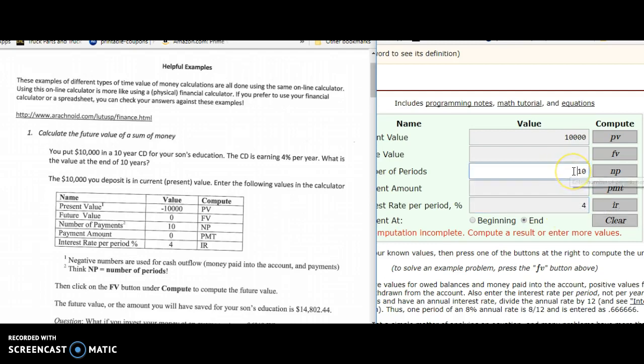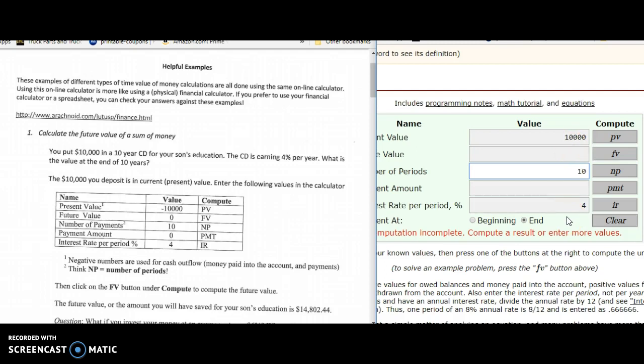So if this is per year, then if this is like 10 years, then this is your interest rate per year, okay? If you were getting monthly payments, then this would have to be converted to monthly payments as well, and then this would be your monthly interest. So keep that in mind.